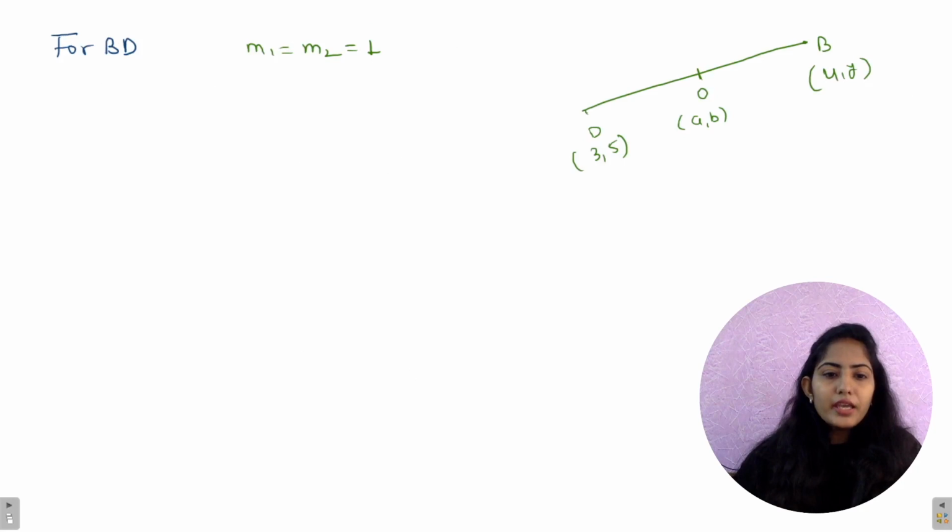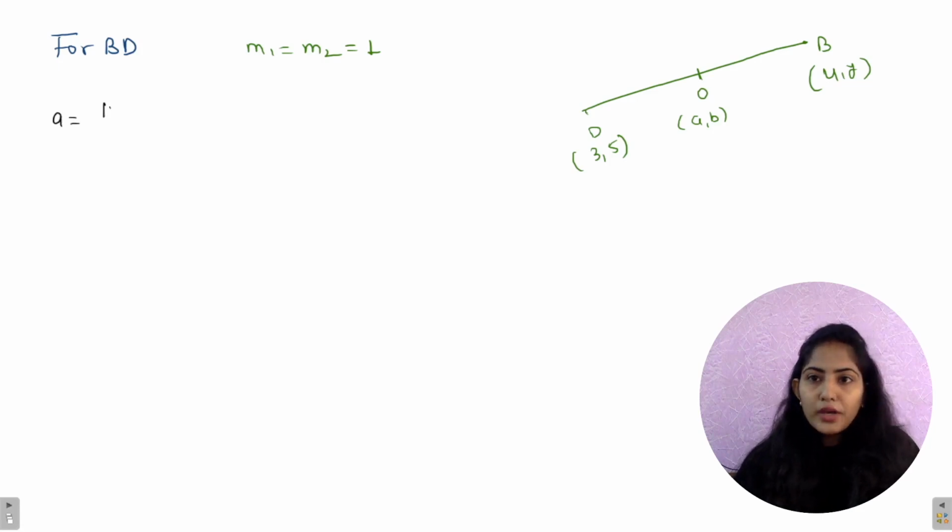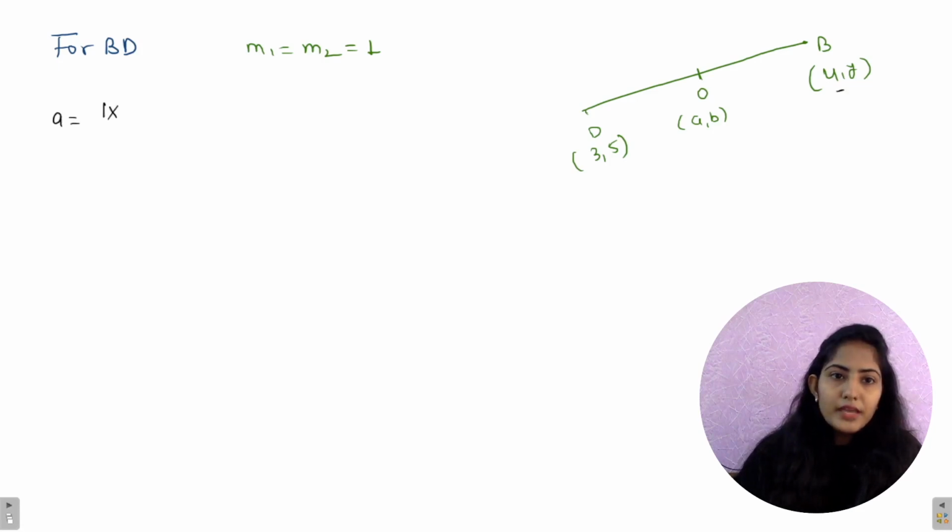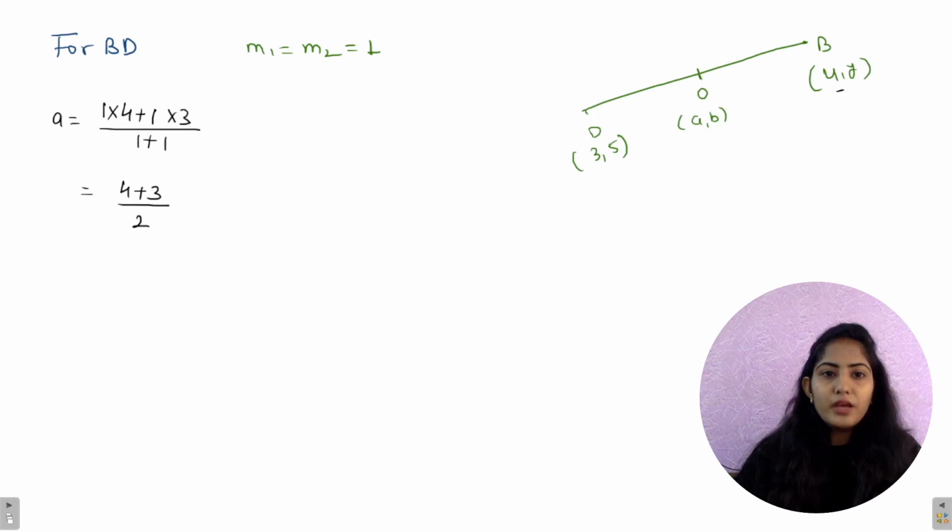Let's solve it for a and b. Using the section formula, a is m1 into x2, where x2 is 4, plus m2 into x1, that is 3, upon 1 plus 1, that is 2. So 4 plus 3 upon 2, that is 7 by 2.